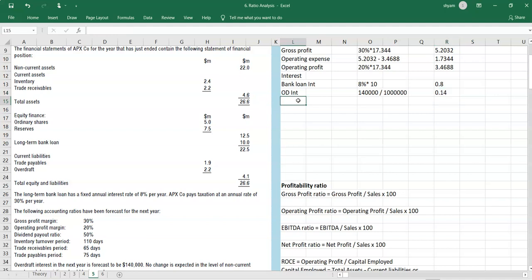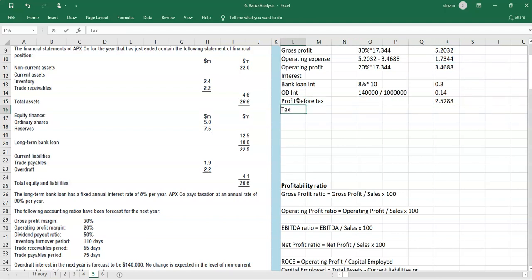So this is going to be the interest, and we can put profit before tax. You can take the operating profit, deduct these two numbers, and you get the answer.